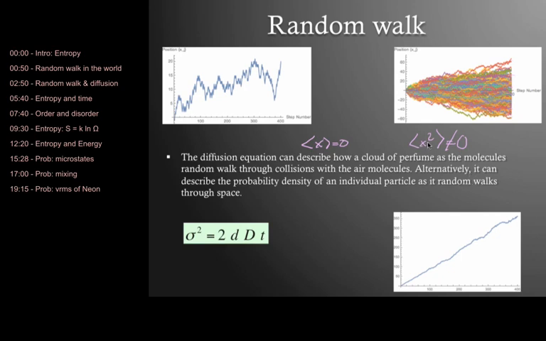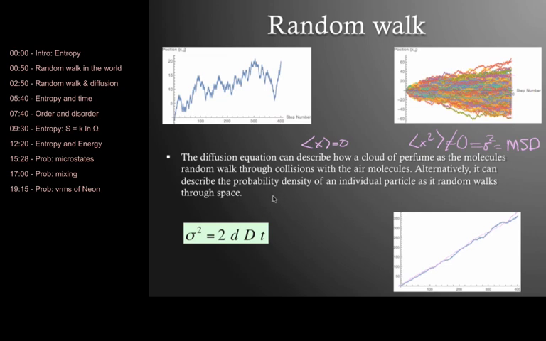It can be written sigma squared. You might even hear of something called mean squared displacement, which would be the same kind of idea as this variance. What's interesting is that it's not equal to zero, and it's basically going to increase linearly with time. And it's actually really fascinating why it is linear.